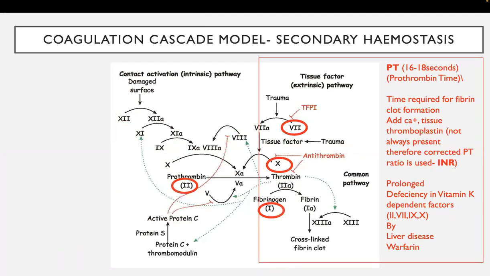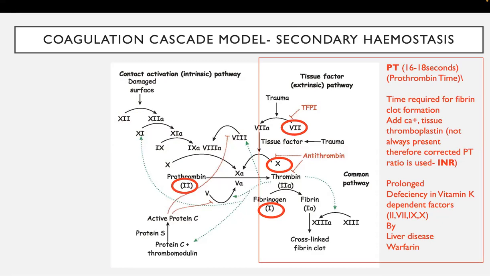And then your prothrombin time looks at your extrinsic pathway. You basically take blood, and it looks at the time required for your fibrin clot formation. You send it to the lab, they add calcium and thromboplastin, and then they look at the time for it to clot. The usual time is 16 to 18 seconds.